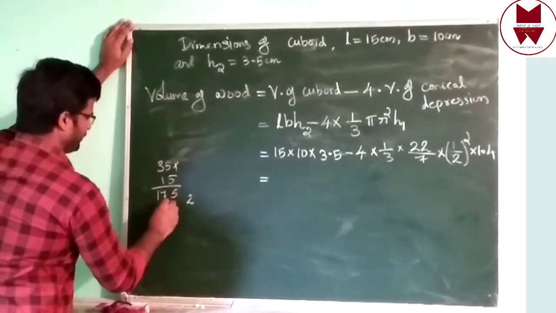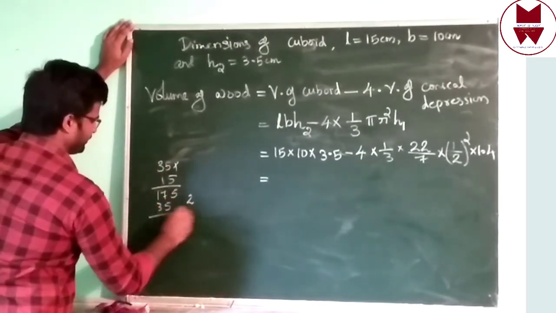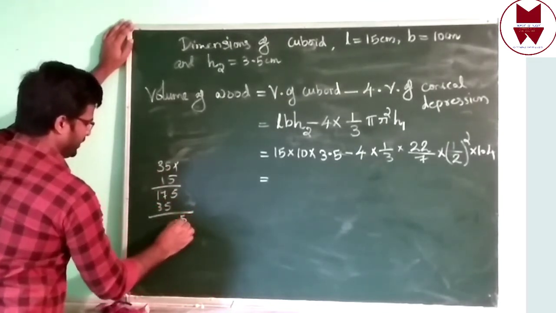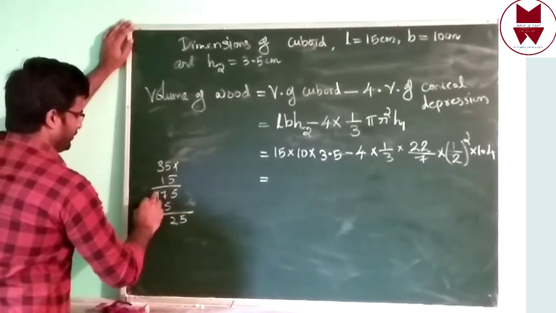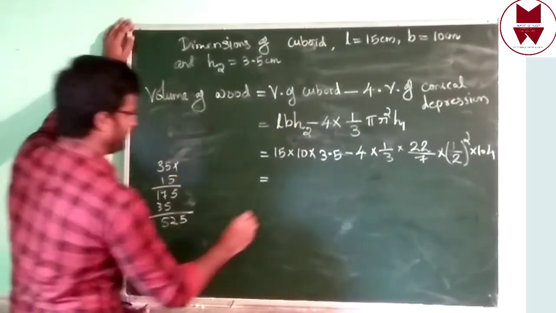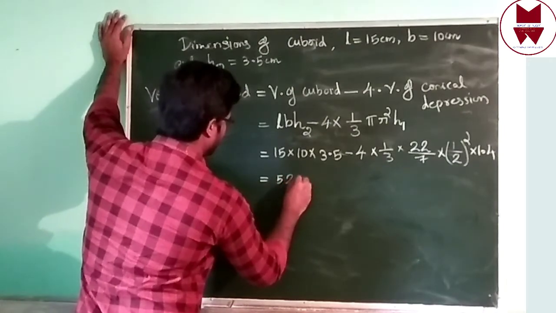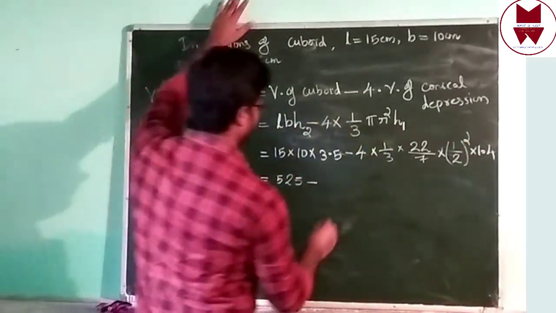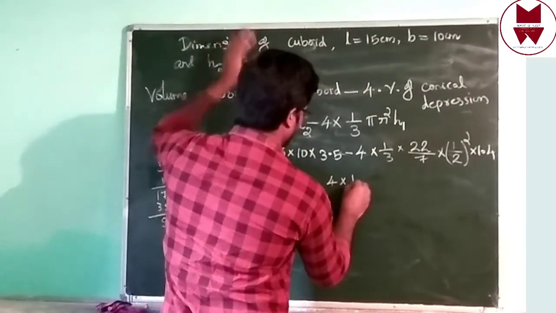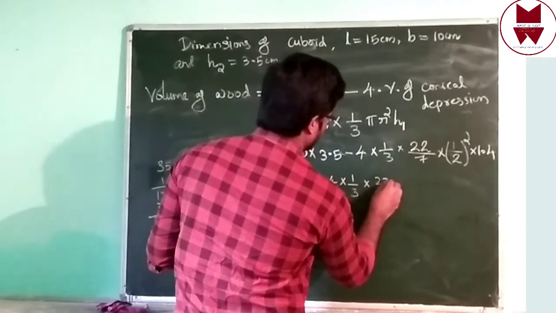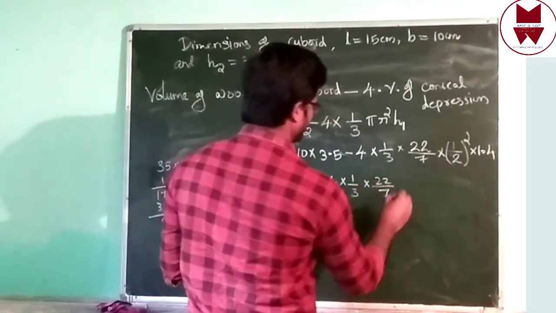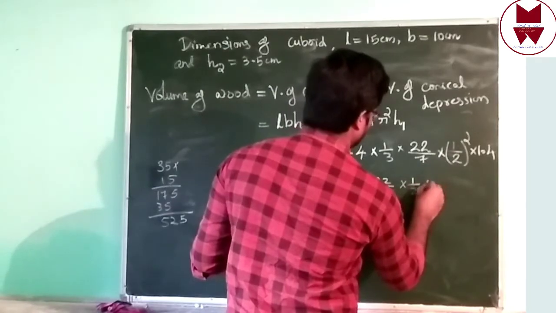Then 1 into 5, 5. We get 525, minus 4 into 1 by 3 into 22 by 7 into 1 by 2 into 1 by 2 into 1.4.